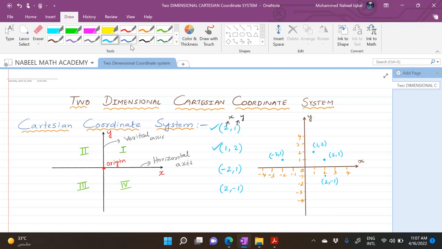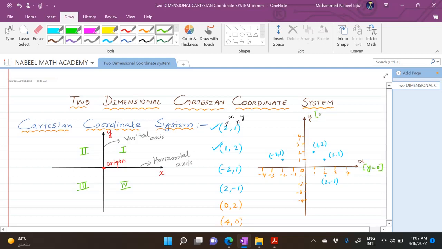Now let us look at points on the x and y axes. Suppose you have the points (0, 2) and (4, 0). On the x-axis the y value is 0, and on the y-axis the x value is 0.